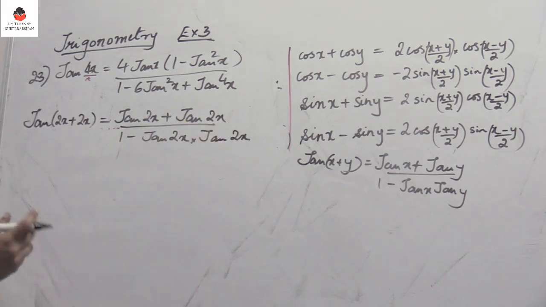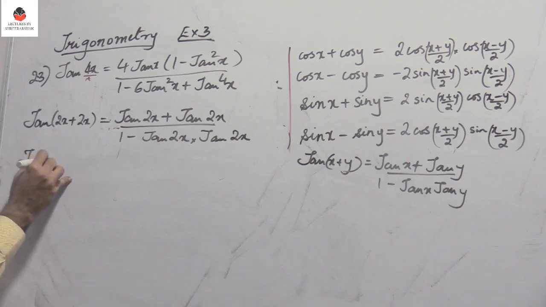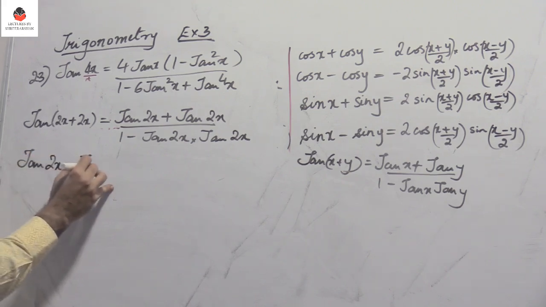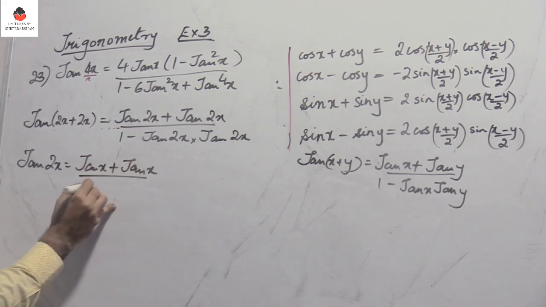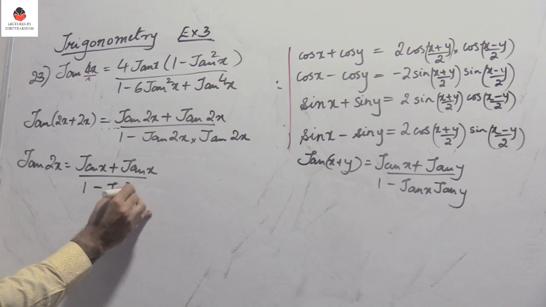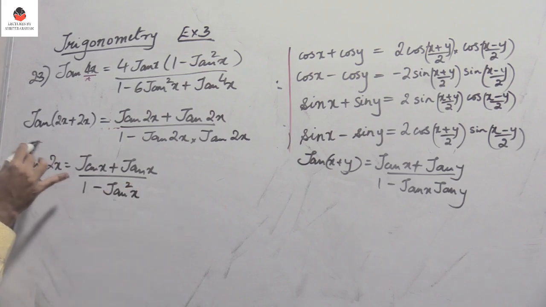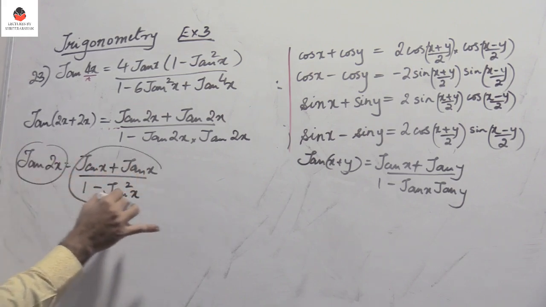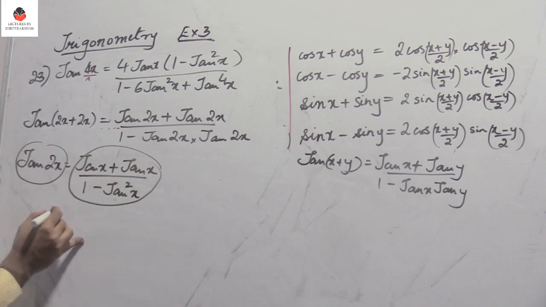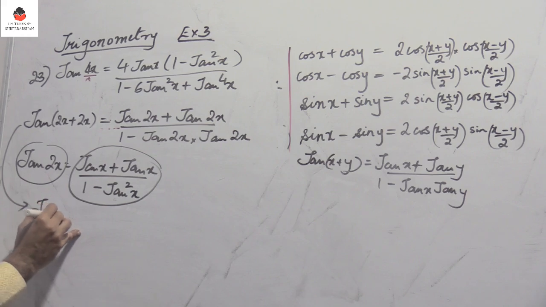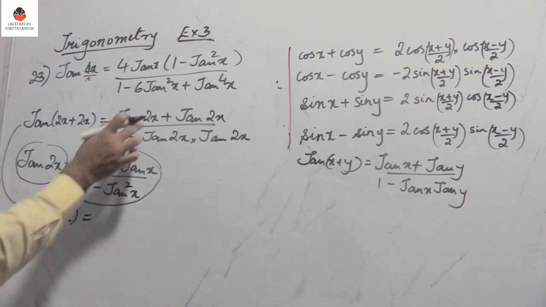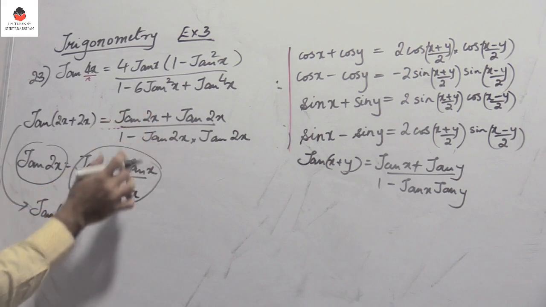So what is tan 2x? Tan 2x is equal to (tan x plus tan x) divided by (1 minus tan squared x). So wherever tan 2x is there, I will substitute this, right? So here we have tan 4x is equal to, so tan 2x is nothing but this.